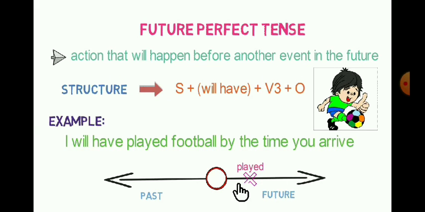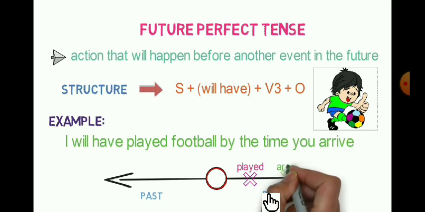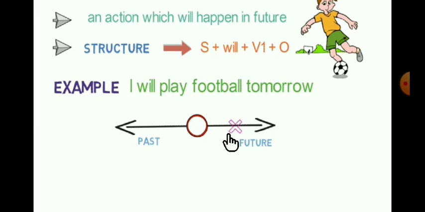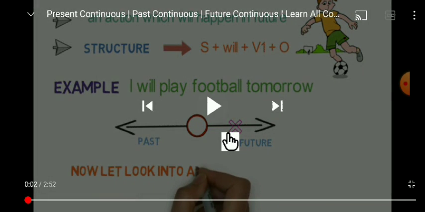So in this action timeline the football game takes place here in the future. He played here and this person arrived here, who? His friend. This action timeline is the best example for this meaning: an action that will happen before another event in the future is called future perfect tense.